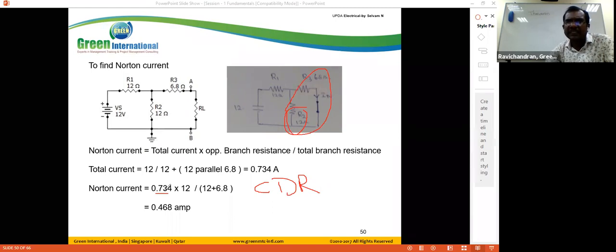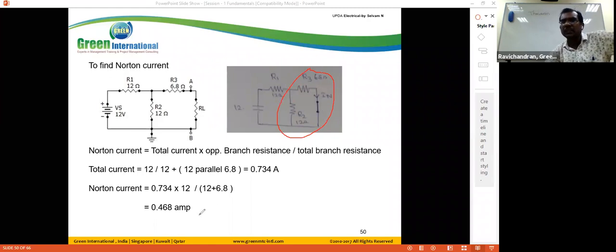Total current 0.734 into opposite resistance 12 ohm divided by the total branch, which is 12 plus 6.8. So we get 0.468 amps. This is the Norton current.